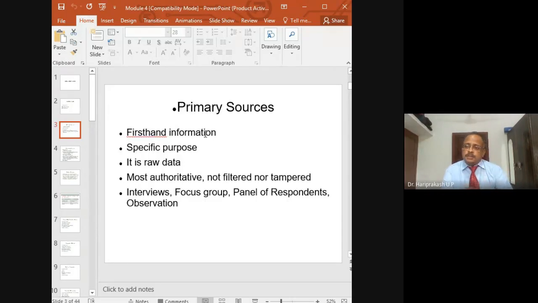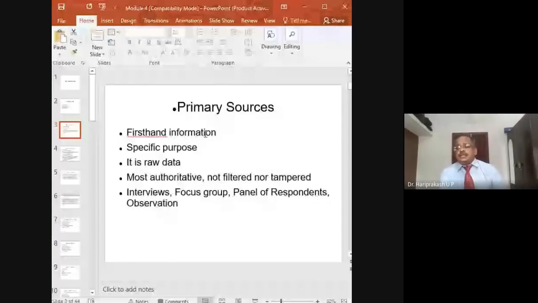Primary data. What is primary data? Primary data is collected through the primary sources. So what are primary sources? There are different sources. If you are collecting data through interviews, through focus groups, which we have discussed before, or from respondents through a survey.